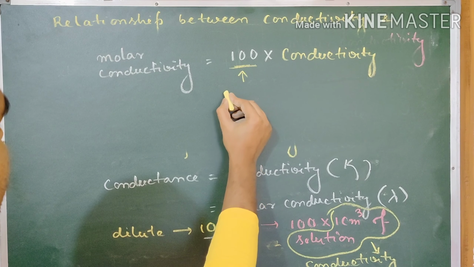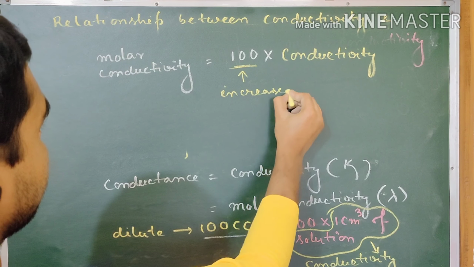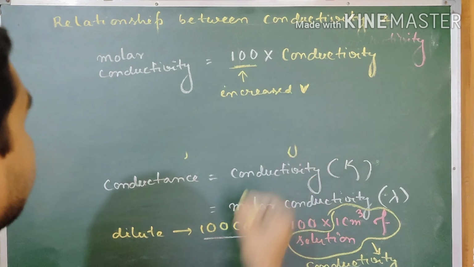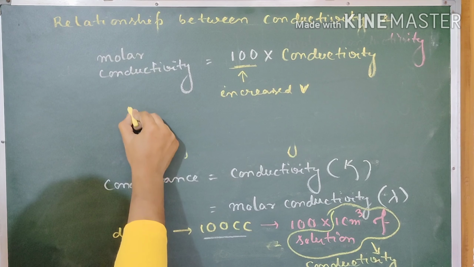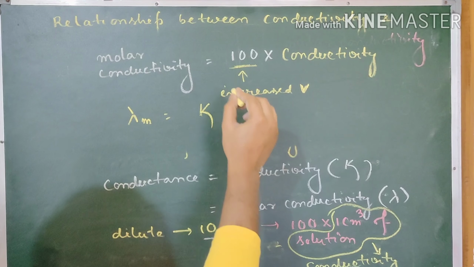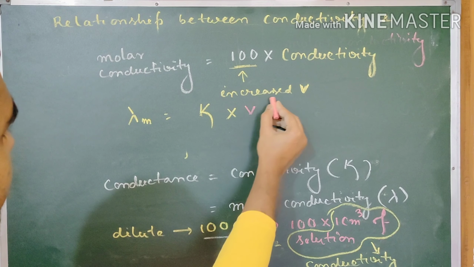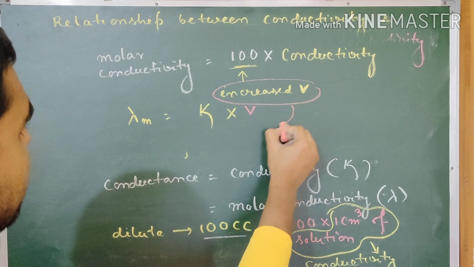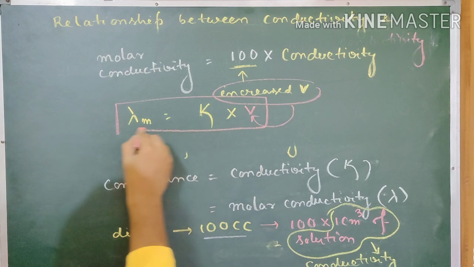It is the increased volume, V. So in words, lambda m is equal to kappa into V. What is that V? It is the increased volume which we have introduced. It is becoming 100 times in this case; it may be something else also. So this is the desired relationship.